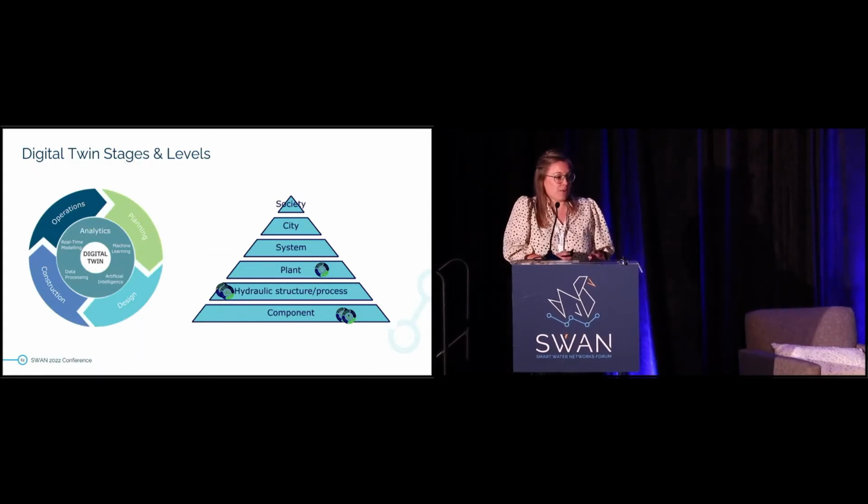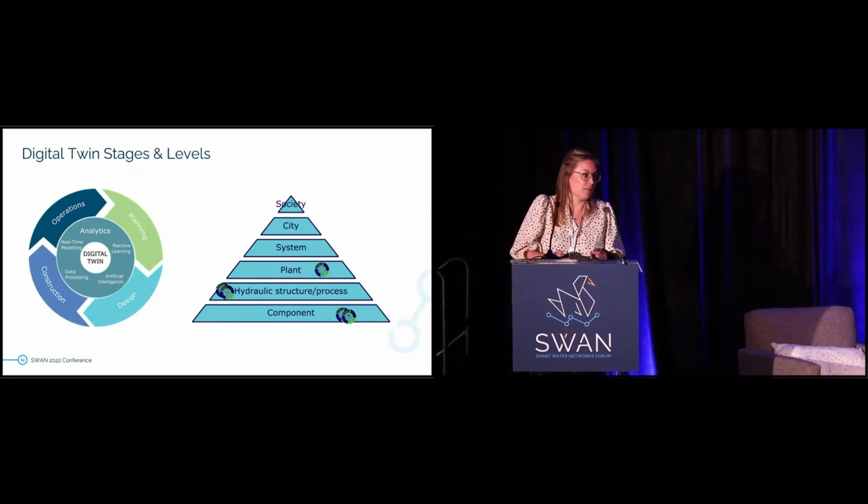So what have we done in our group? We have identified this circle, which are the digital twin stages: planning, design, construction, and operation. And then we also have the levels, because we can have digital twins on different levels: component, hydraulic structure, process, plant, system, city, society. And what we want is that everything is connected, so that there are data links in between.